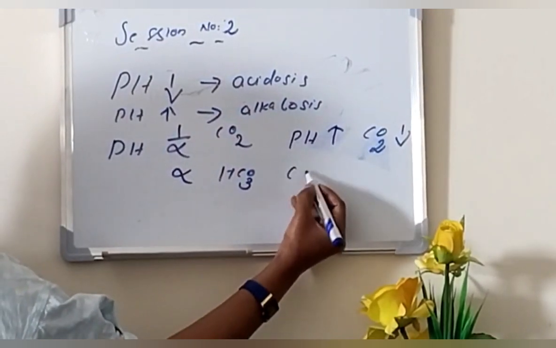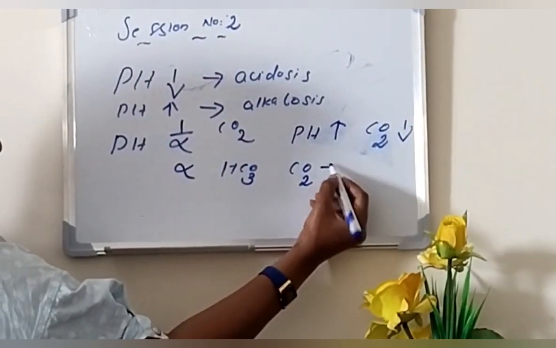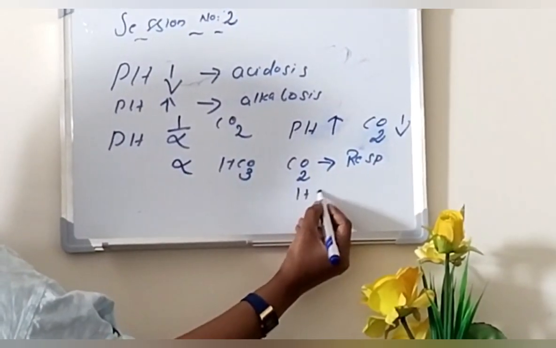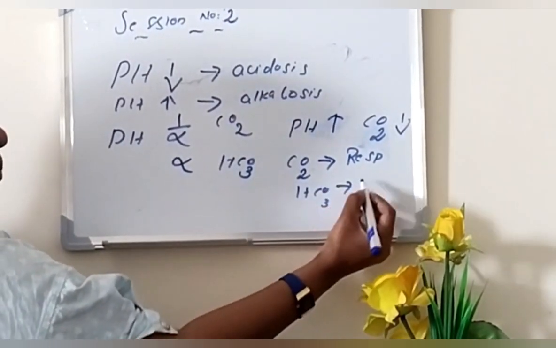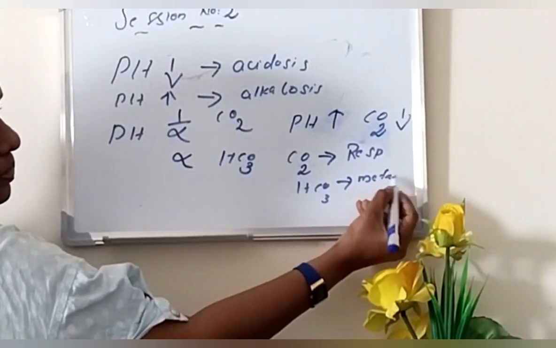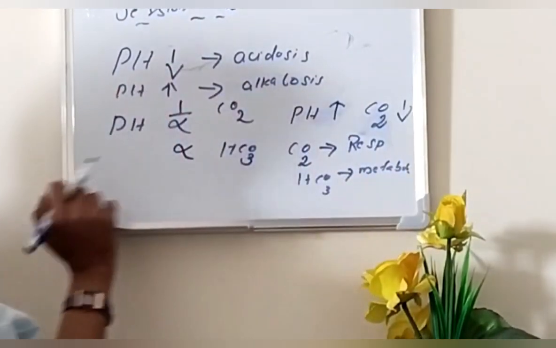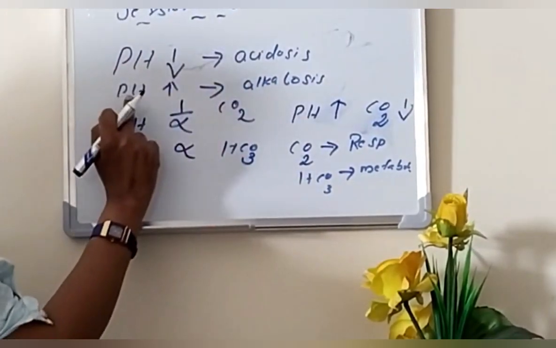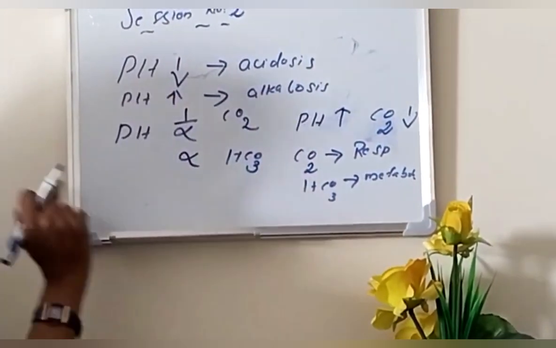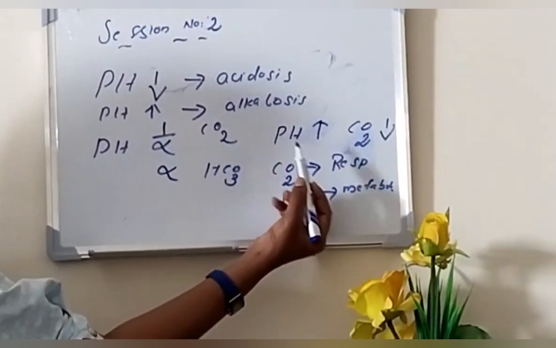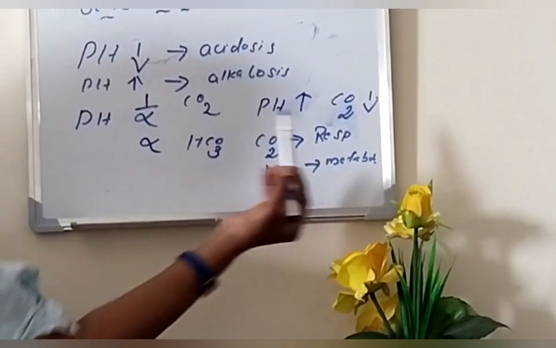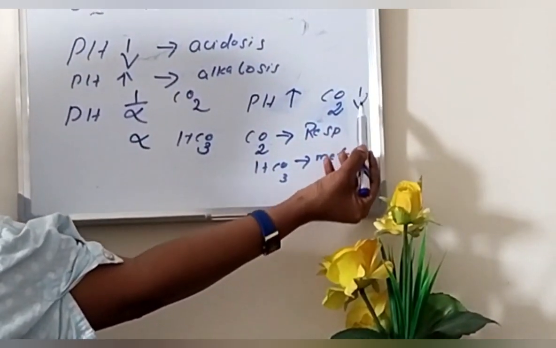Now coming to CO2. CO2 represents the respiratory and bicarbonate represents the metabolic stage. We saw that when pH goes down, it's called acidosis, and when pH goes high, it's called alkalosis. In alkalosis, PCO2 will go down.